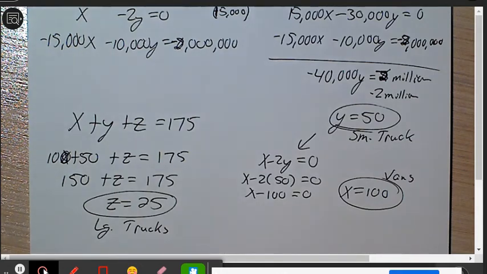Okay, and again, I apologize for that one little typo back there. I misread my problem when I was pulling it across there. So it's 5 million, not 15 million.